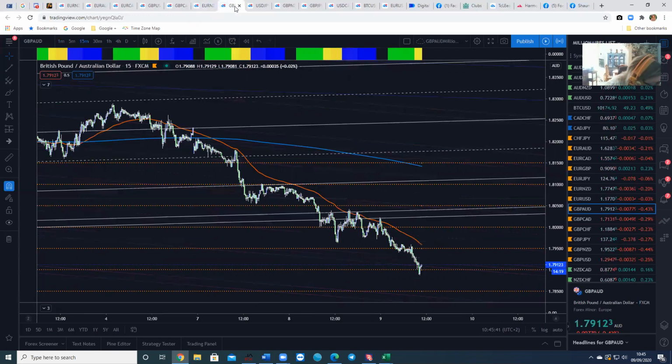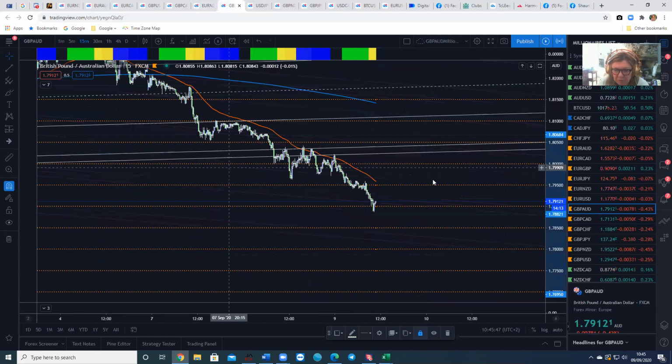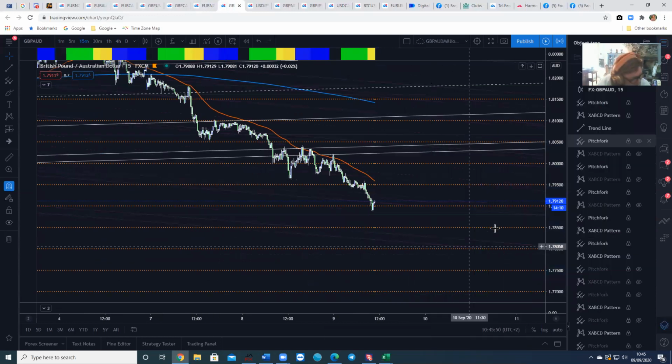GA, big downward trend outside the scan. Not sure I've got any other scan at the moment. I haven't got any.